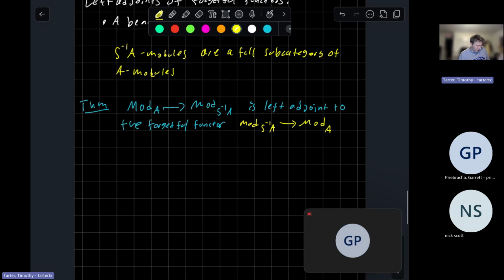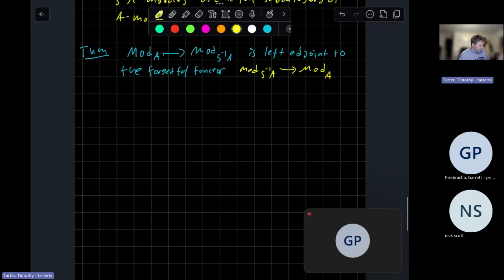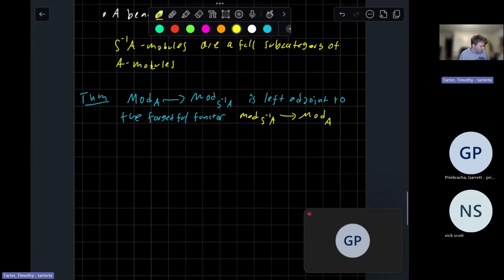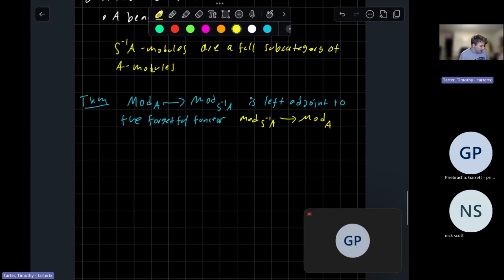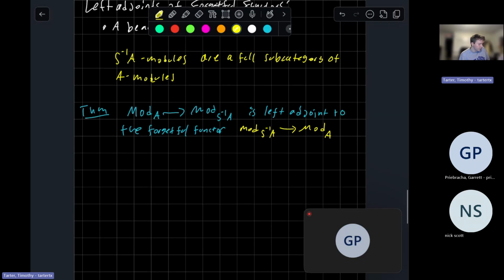And it makes sense that this is a natural bijection of morphisms. And actually, this is a fully faithful functor. Oh, that's actually a very big deal.